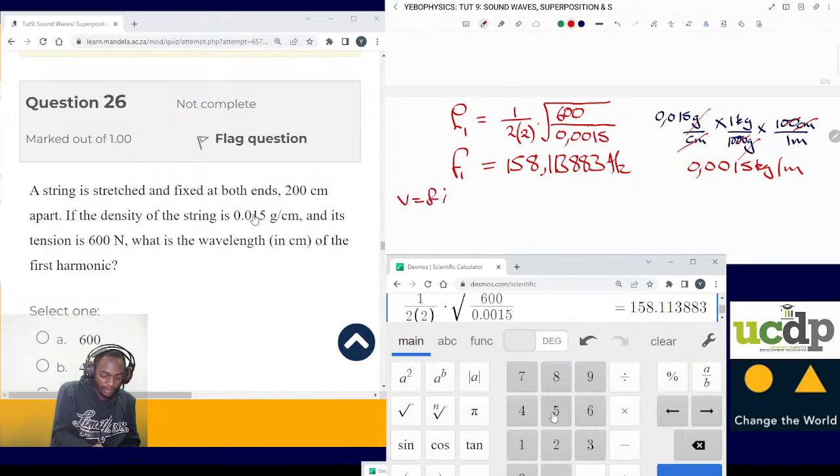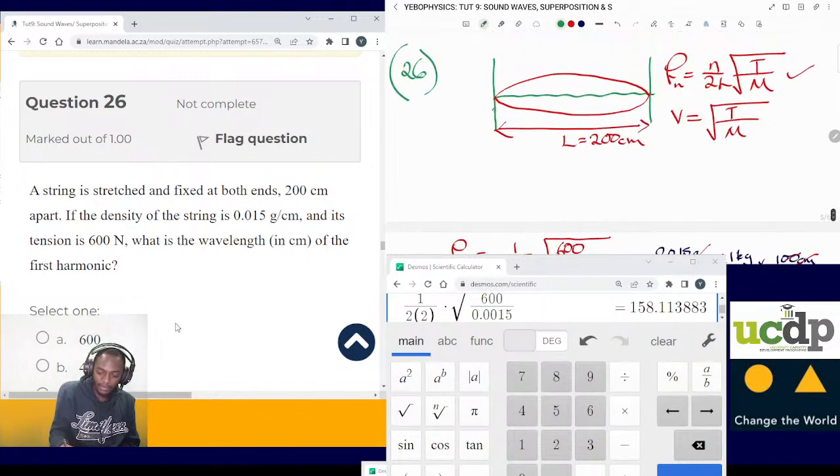Right, now that we have that, because what we want is to eventually find the wavelength, we know that V is equal to F lambda, so lambda is going to be equal to V over F. So we realize that we don't have V, so we can now solve for V again using this equation that we had identified.